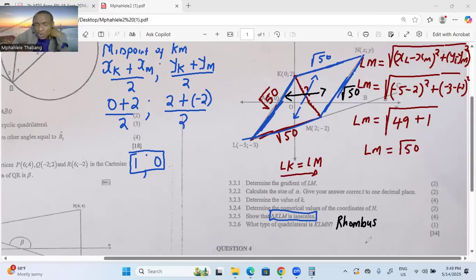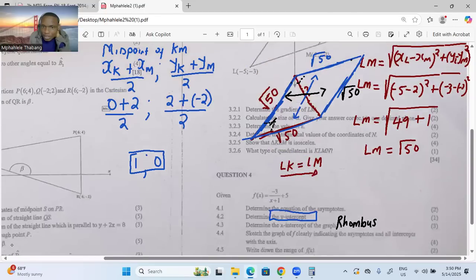But I don't think this one is a square, because for a square, this angle here needs to be 90 degrees. All the angles inside the quadrilateral need to be 90 in order for it to be a square. So I believe here the examiner wants us to say this quadrilateral is a rhombus.